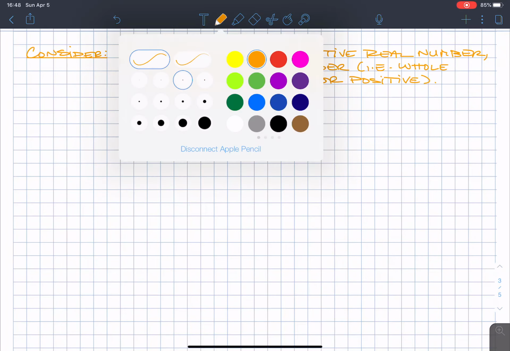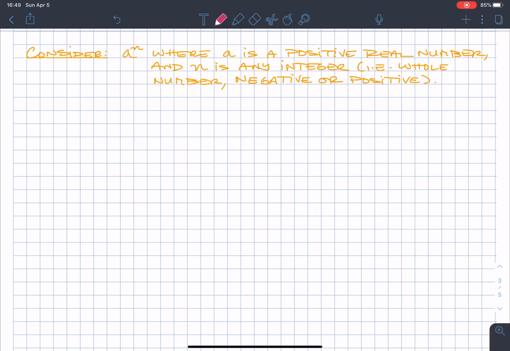Okay, and let's recall a couple things. So a to the 0 is equal to 1 for all a non-zero by definition.